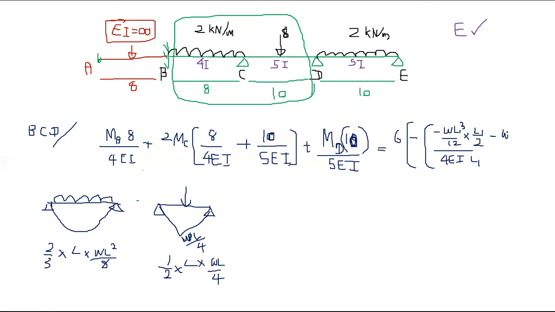So that will give you WL squared over 8. That's the area. Again, the distance to the centroid is L by 2. So this is 5EI. L, I would say this is L2.